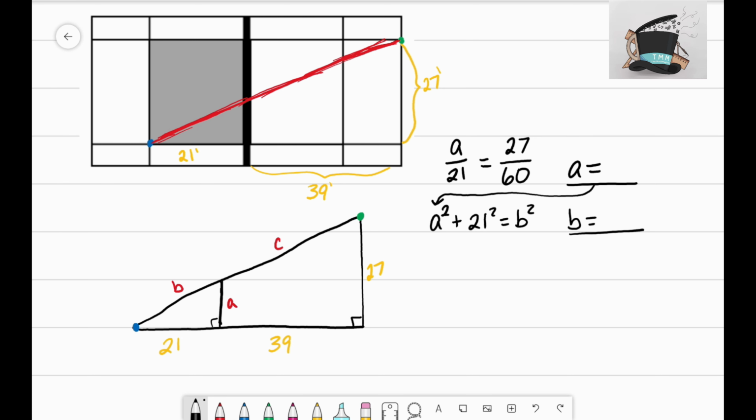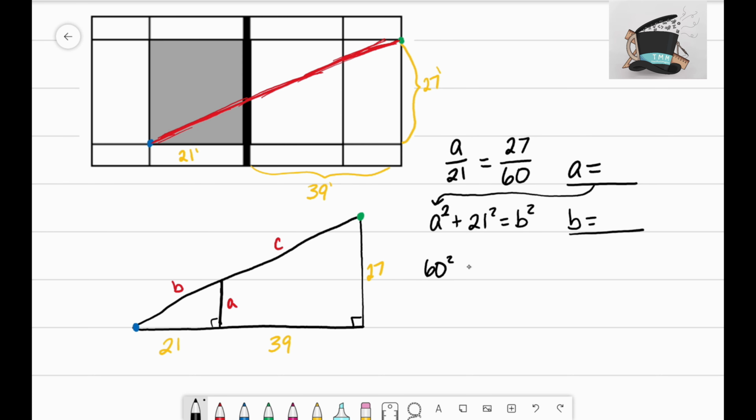The last thing to do is solve for C. To solve for C, that is just going to be another Pythagorean theorem problem. On the bottom here, we have 21 plus 39, which gave us 60, so that will be our 60 squared.